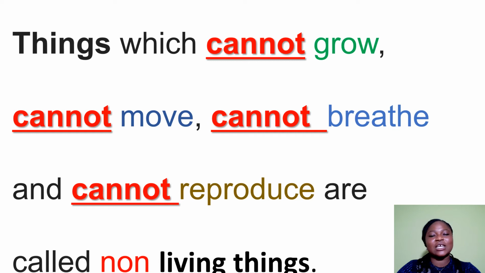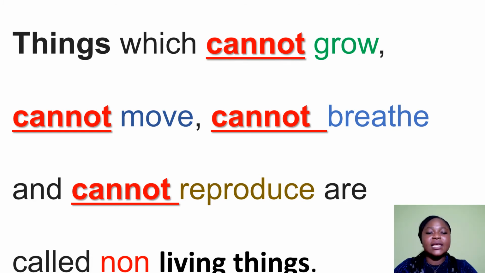Non-living things cannot move. A table is an example of a non-living thing. It cannot move from the position it is in to another unless a living thing, which a human being can, moves it from one place to another. A book cannot move by itself.